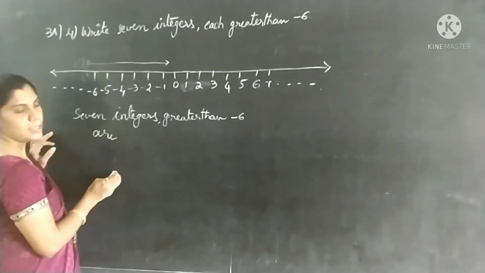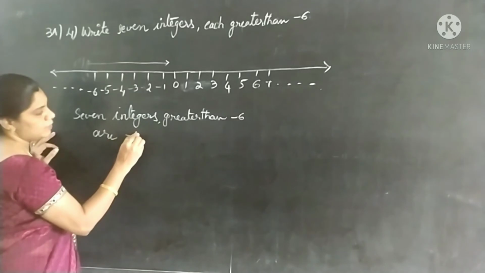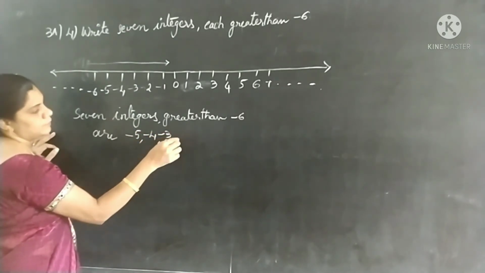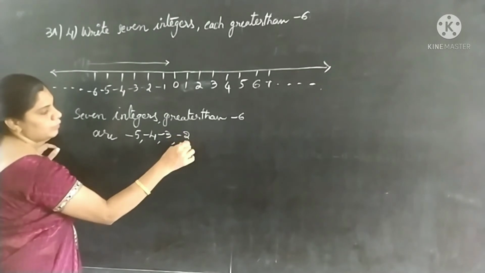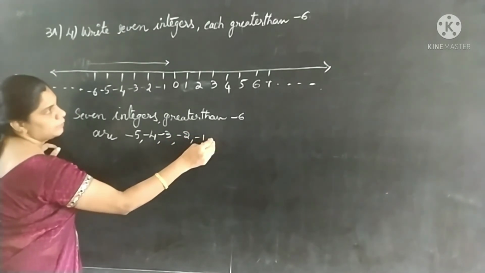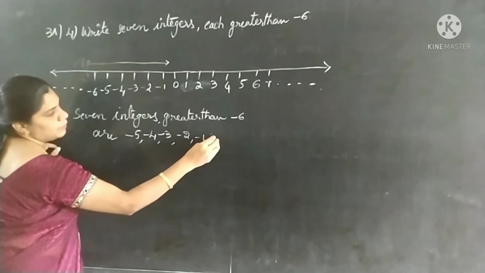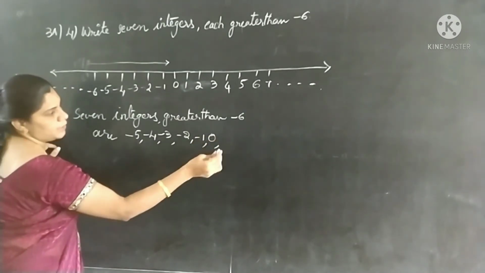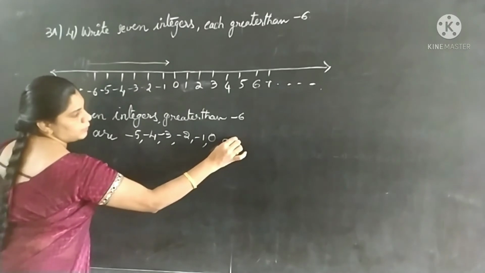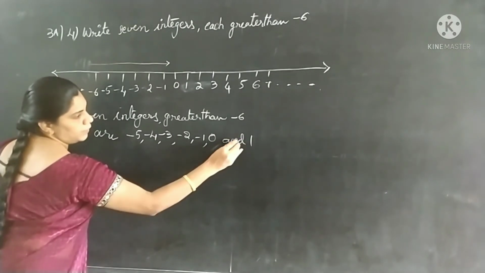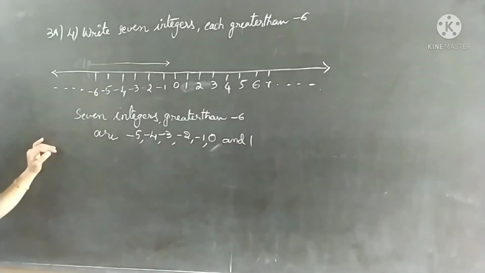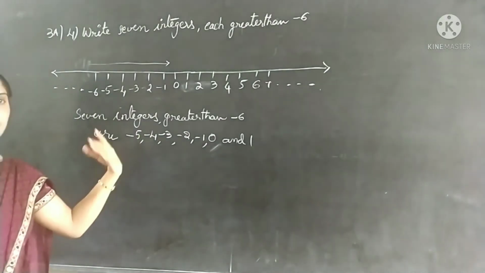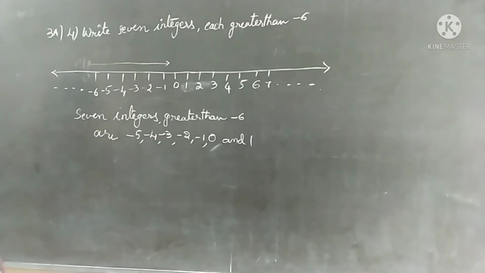Numbers in the sequence only, I am writing here: -2, 4, and next one 5, and next one 0. You have to write 7: 1, 2, 3, 4, 5, 6 completed, and mention one more. Okay. So these are the 7 integers greater than -6. Immediately greater numbers only I have taken here. Okay. Good.